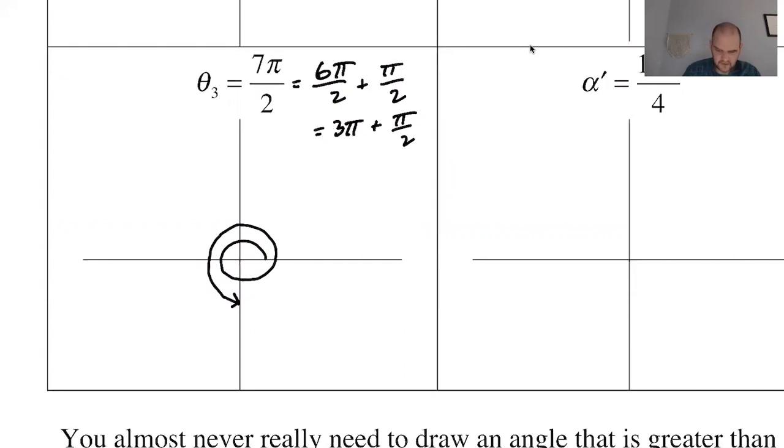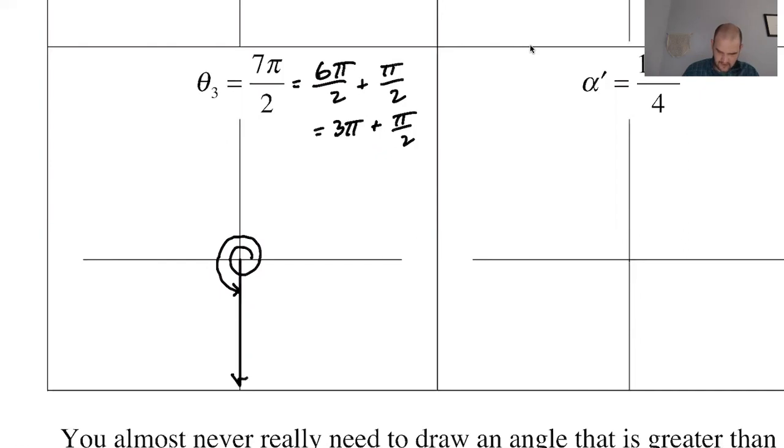Let's do it again. Okay, follow along. Pi, 2 pi, 3 pi, and then another pi over 2. So we actually have ended up right here.